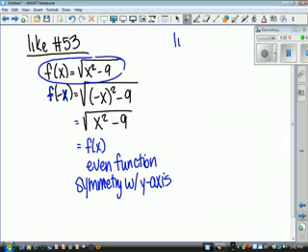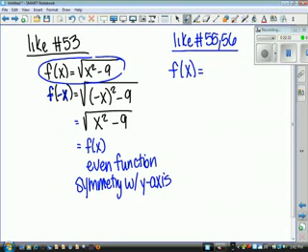All right, let's try a couple more. Here's a couple like 55 and 56. Say your function is f of x equals x to the 5 halves power.